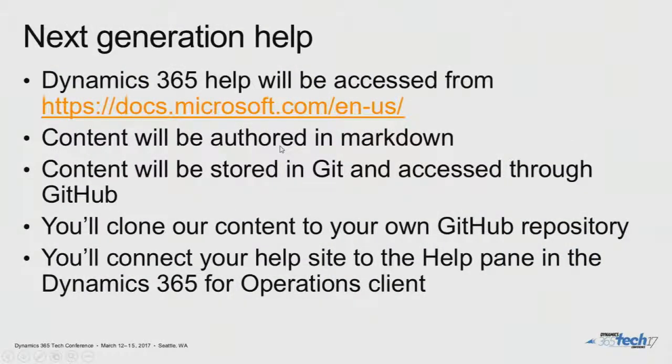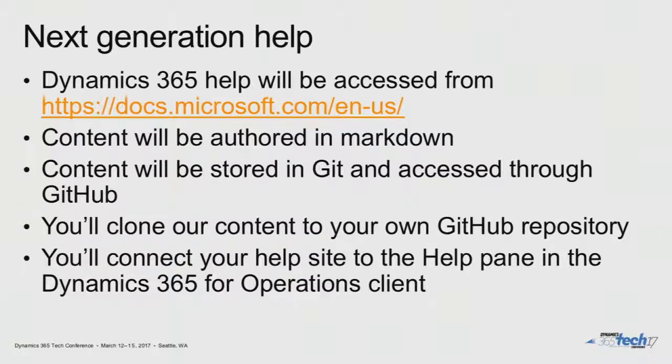So what does that mean for you? We are authoring our content in Markdown. We're storing it in GitHub. When you want to create custom content that you don't want to create a task guide for, we will give you the rights to clone our repository and create your own content.